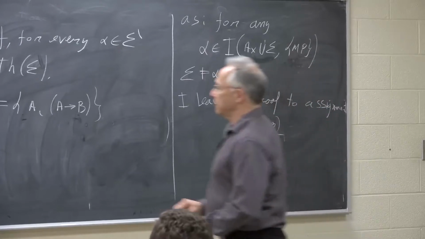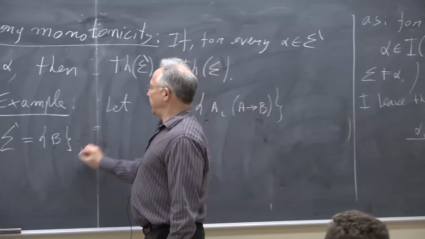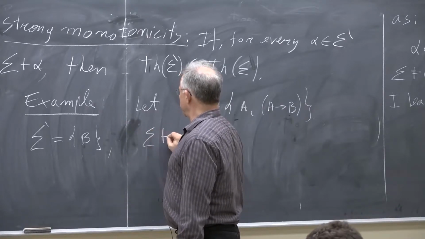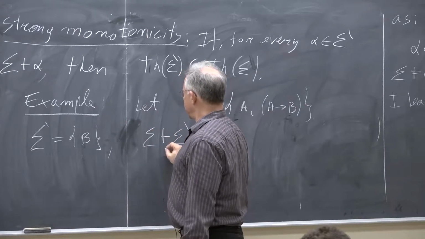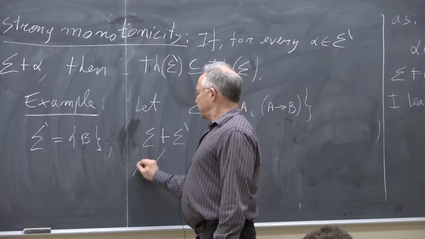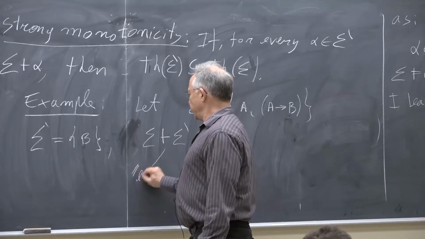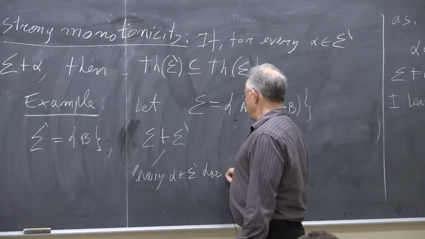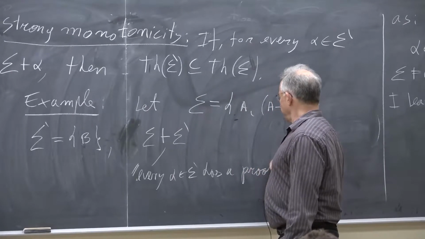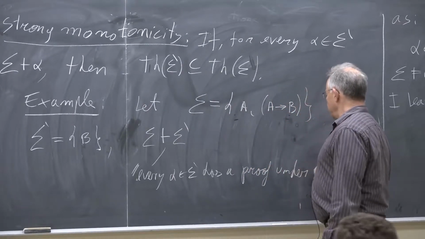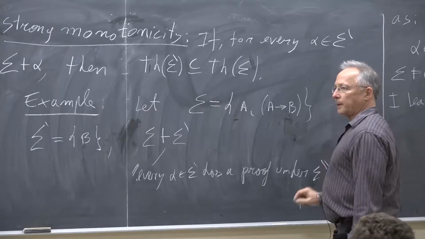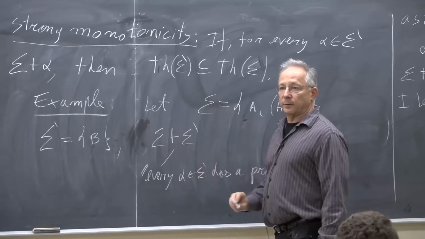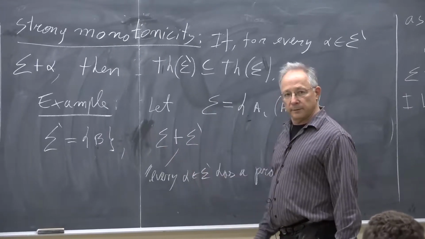Right? So in this case, we can denote it by sigma proves everything in sigma prime. This is some kind of abuse of notation. It stands for: every alpha in sigma prime has a proof under sigma. It is an abuse of notation because I use this proof sign between sets instead of a set and a formula.